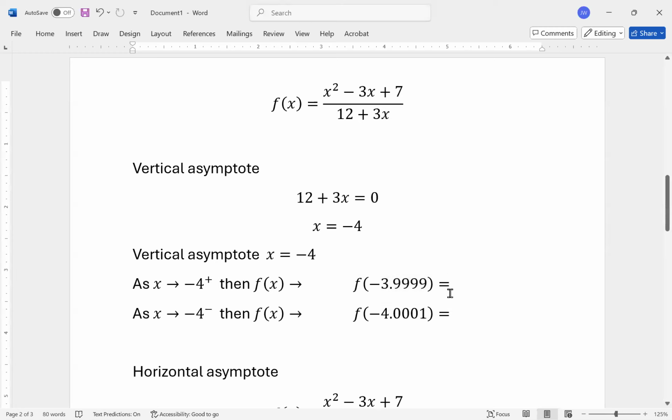I am just going to give you the answers this time. Last time I showed you how to calculate, but when you plug in negative 3.9999, you get an approximate y value of 11,666.3, which is a really big number. So that means as we're just a little bit above negative 4, then my function value is shooting off to positive infinity.